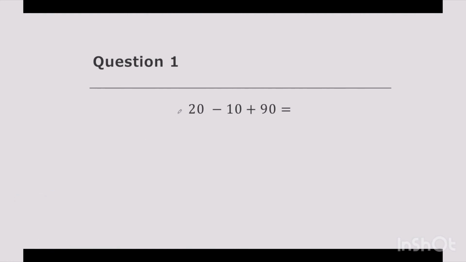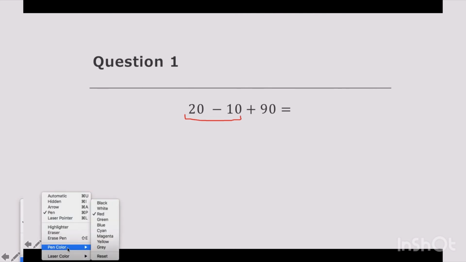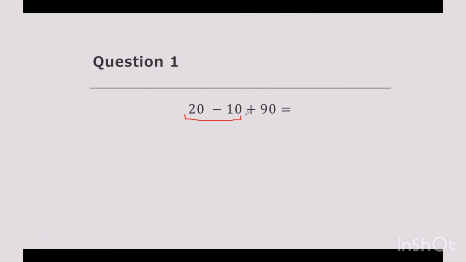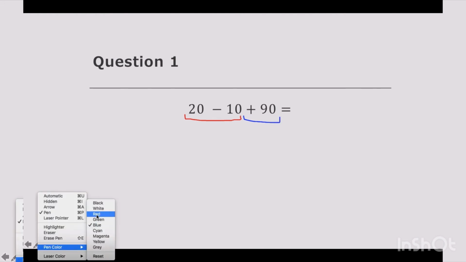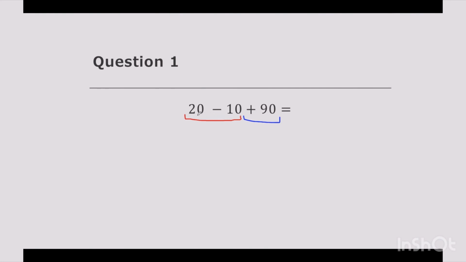This might be a complex one, but all you need to do is break it down into steps. You're not going to do two simple equations at the same time. We're going to break it down into steps. So 20 minus 10. I'm not drawing sticks, but if you really want to, you can draw the sticks by making it a math equation.